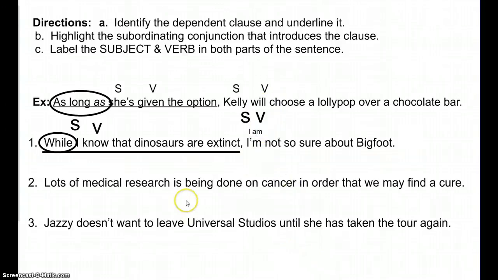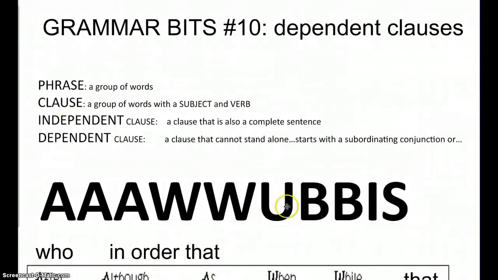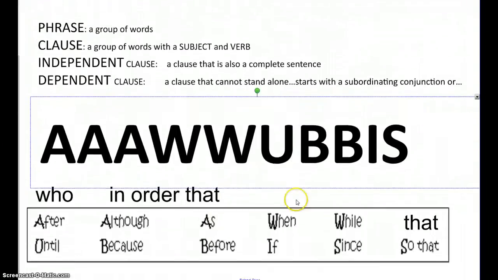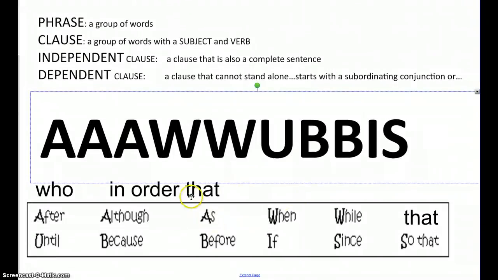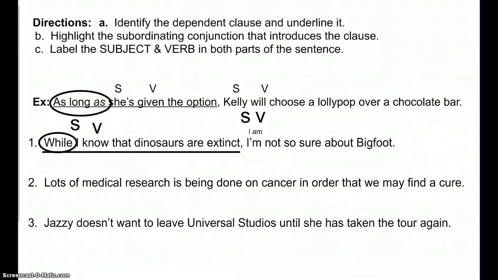Lots of medical research is being done on cancer in order that we may find a cure. Now if I look over here at my list, I didn't have it on my original. We added it, and so in order that is our signal word telling us that we have a dependent clause. If in order that is the signal word, it's also the start of the clause.